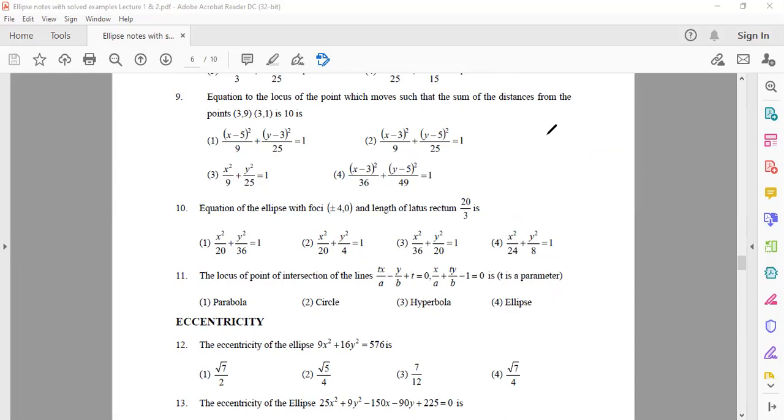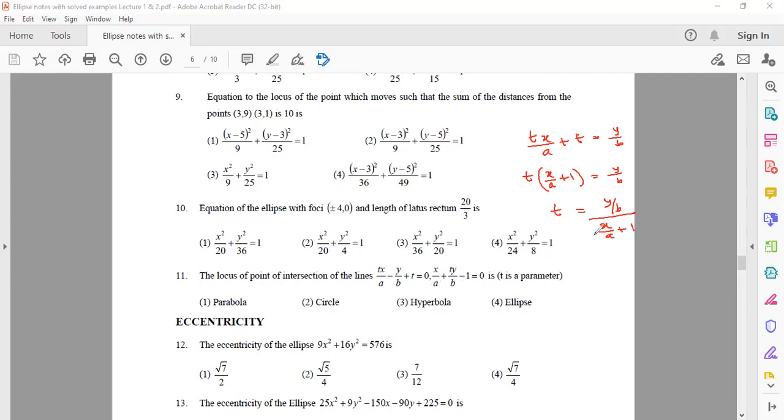Either make t a subject in both places. So t is equal to y by b divided by x by a plus 1.